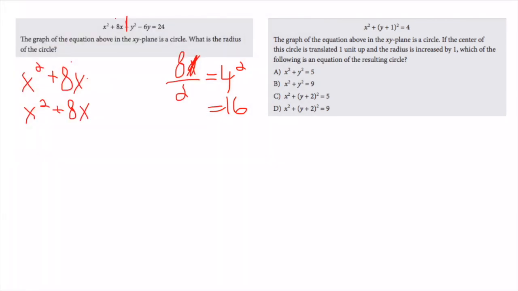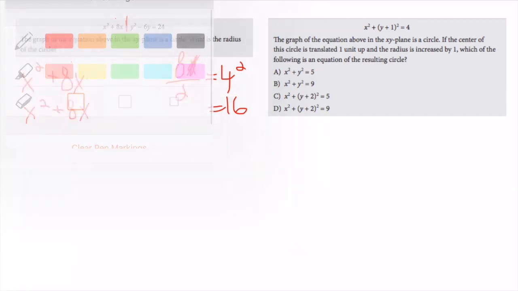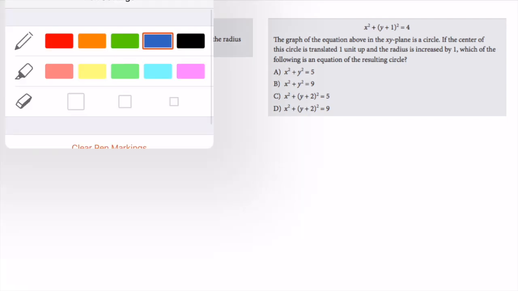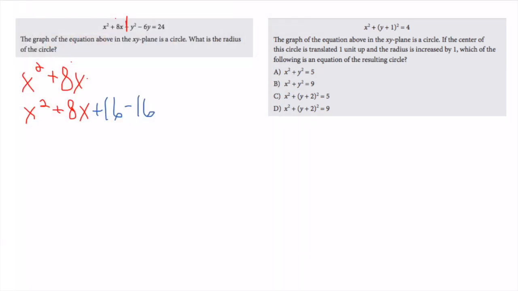So what I do now is I'm going to add 16, and I'm going to subtract 16. I have to add it first because now I'm only dealing with this portion of it.